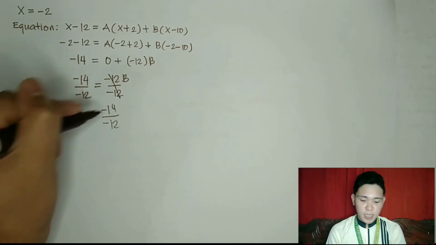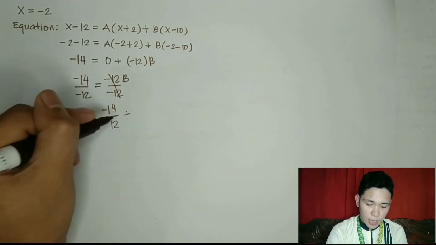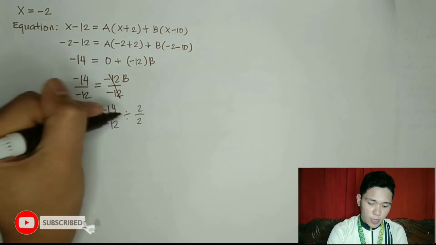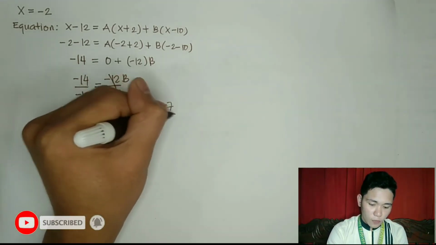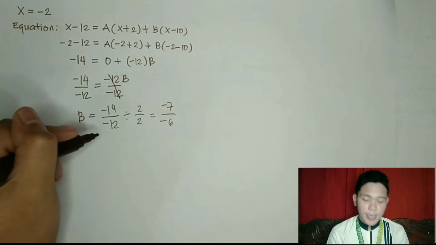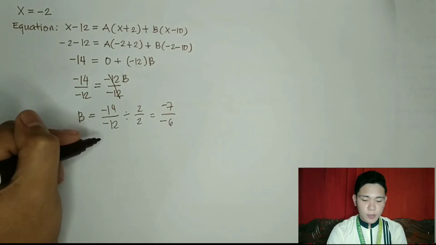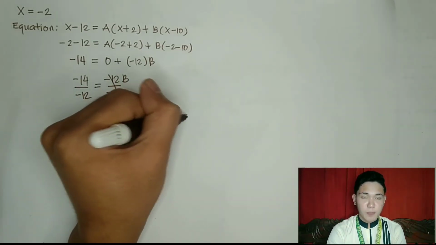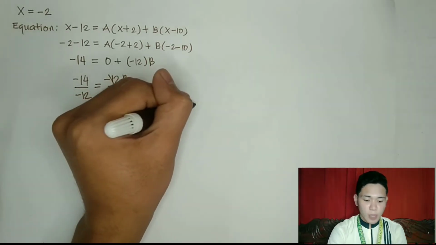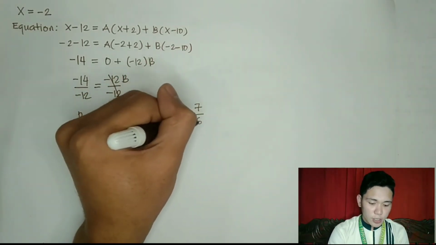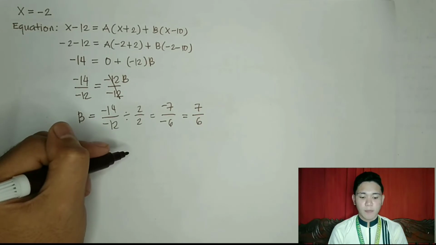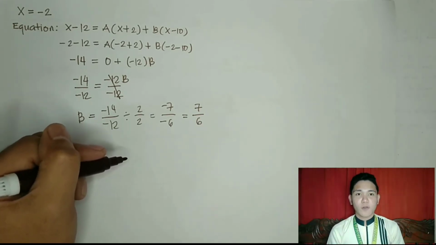Simplify, divide by 2 over 2, so we have negative 7 over negative 6, and negative divided by negative is positive, so our value for B is 7 over 6. So now we have the value for B.